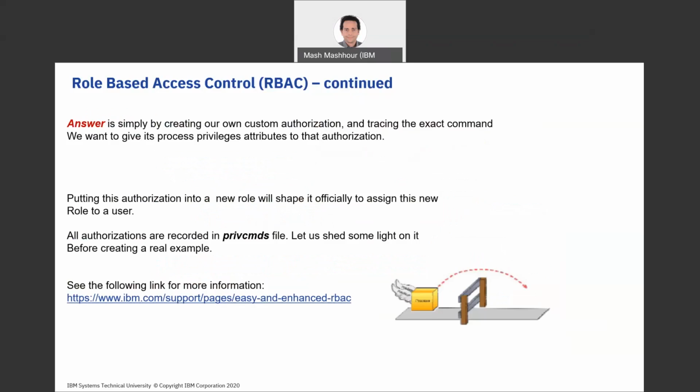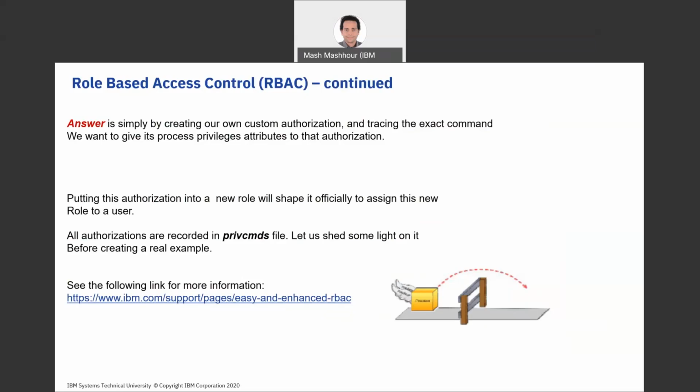So, my question now, can I do a custom thing, for example, a cfgmgr? If you cannot find something similar in the authorizations, the answer is simply you will create your own custom authorization by tracking the exact, for example, cfgmgr command.